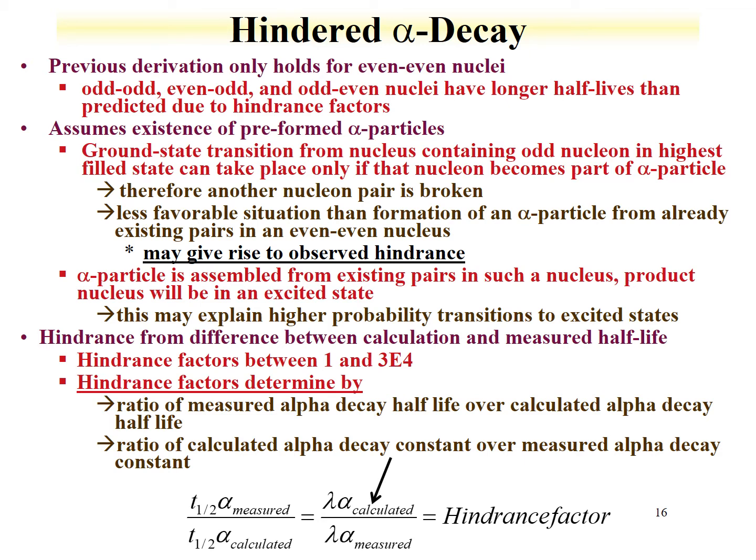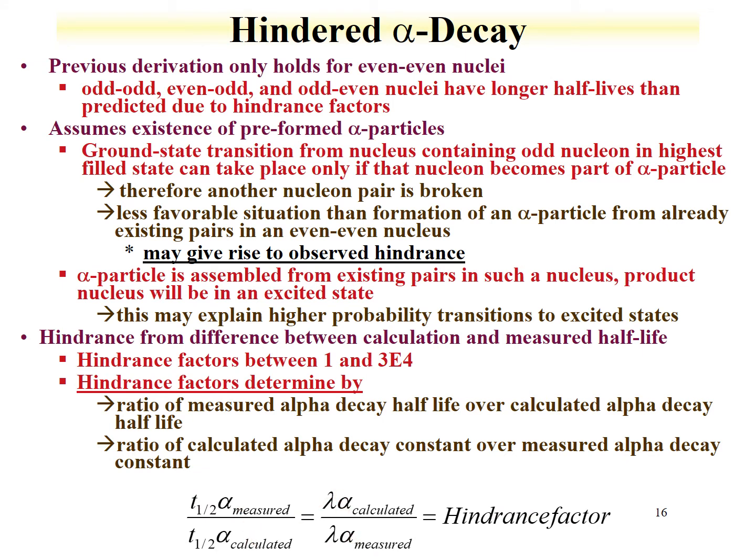Either way, I'll get the same hindrance factor. This is because there's a relationship between the decay constant and the half-life: log 2 divided by the half-life is equal to the decay constant. This is an important equation to remember, and use this to determine the hindrance factors. It doesn't matter if I take the ratio of the half-lives or the ratio of the decay constants.